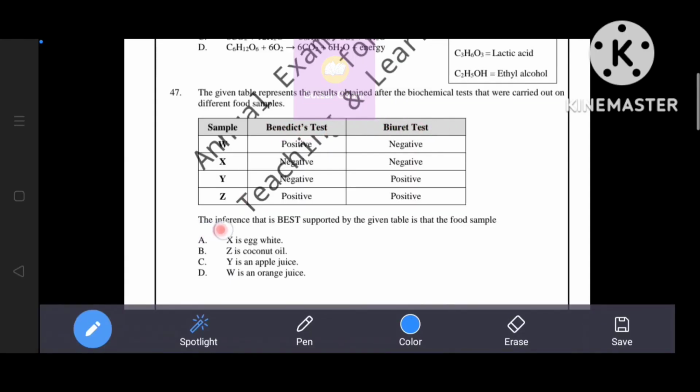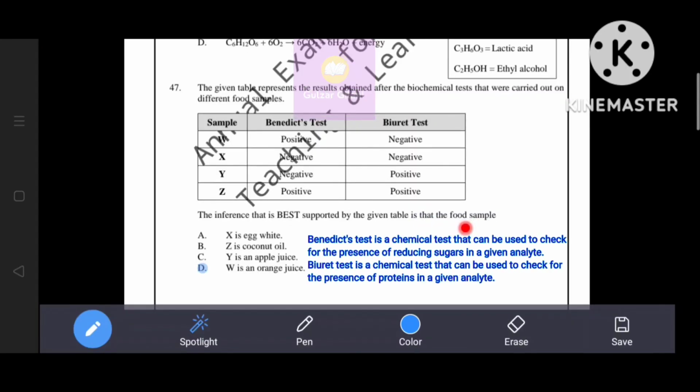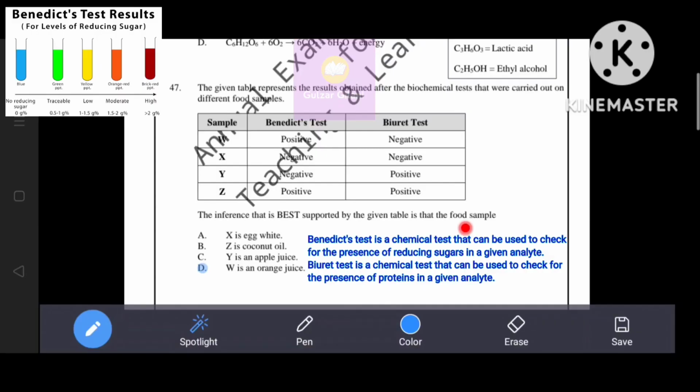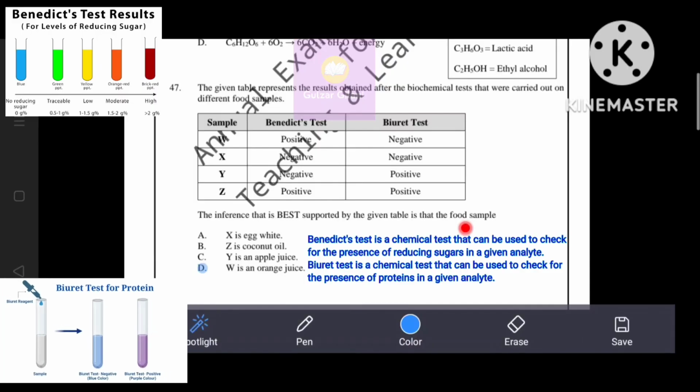The inference that is best supported by the given table is that the food sample, as you know, Benedict's test is a chemical test that can be used to check for the presence of reducing sugars in a given analyte, and Biuret test is a chemical test that can be used to check for the presence of proteins in a given analyte.